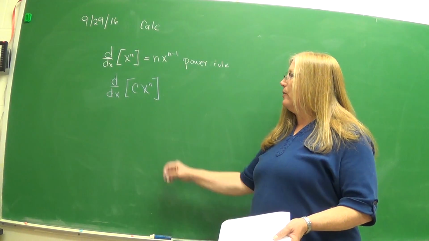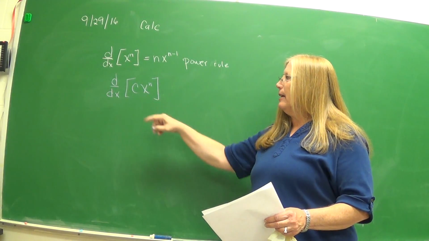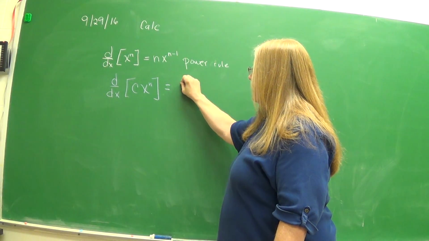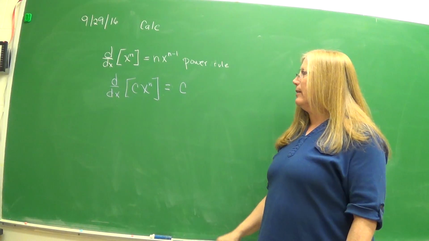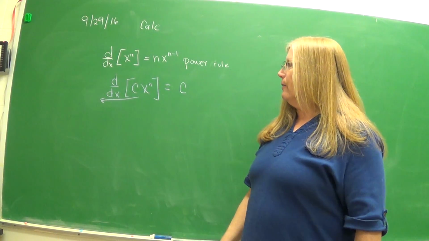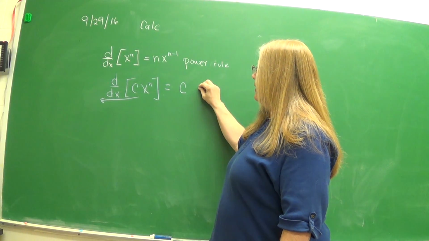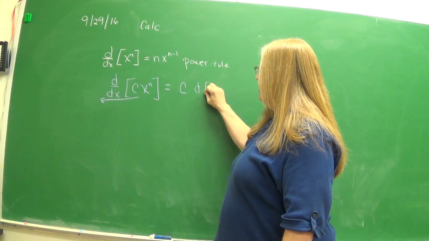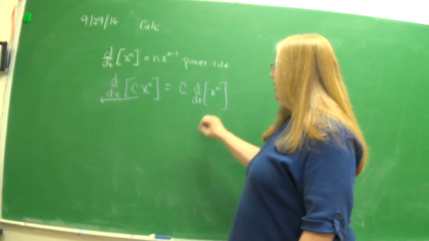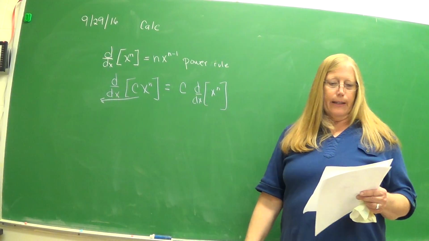When you're taking the derivative of a constant times an expression in x, the constant can come across the derivative sign and is not affected by the derivative, so you can call it the constant times the derivative of x to the n. And that will make more sense by example.